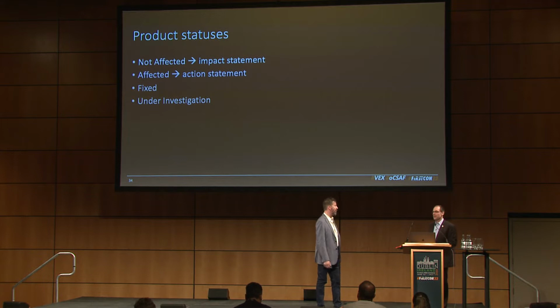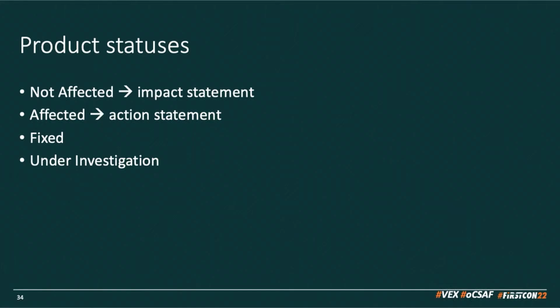So let's get to the fun part, which is the product status. Yes. As Allan has said, we have two basic statuses here. The not affected: if you say, hey, I'm not affected, you should probably tell people why you think you're not affected. That's what we call an impact statement. And if you're affected, then you should tell about the action people have to take to actually verify or patch or whatever they have to do.